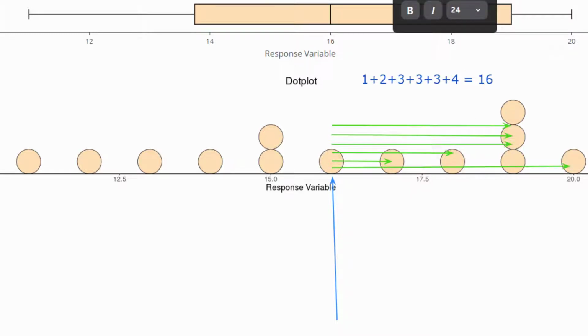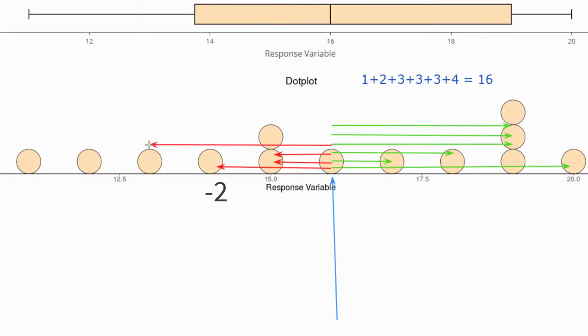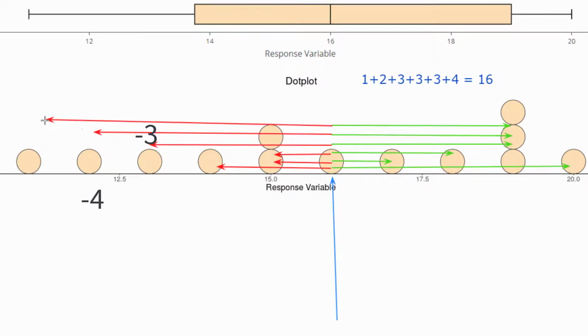If we go the other direction, I'll use red arrows for this. First I see 1 and 1, so each of those is 1 unit below. This one's 2 units below, 3 units below, 4 units below, and lastly 5 units below. That's the one way down here.